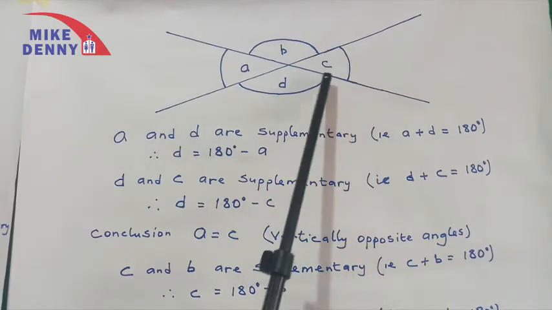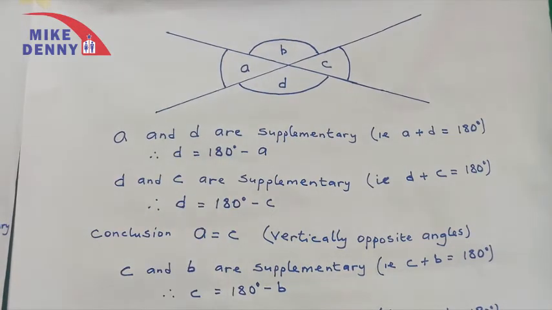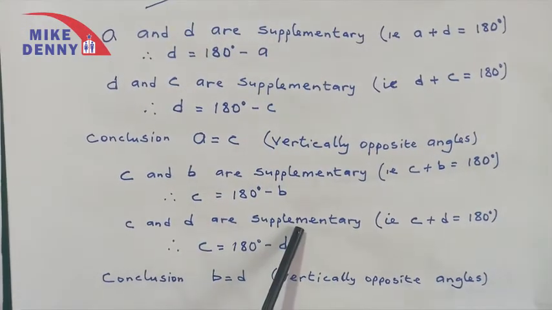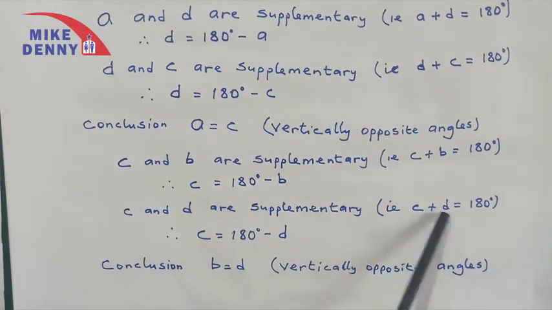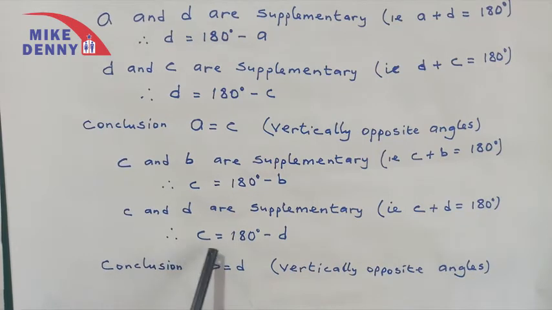And again, they are supplementary because the angles of a straight line form half a revolution. So C and D are supplementary, meaning that C plus D equals 180 degrees. Conclusion, C equals 180 degrees minus D.